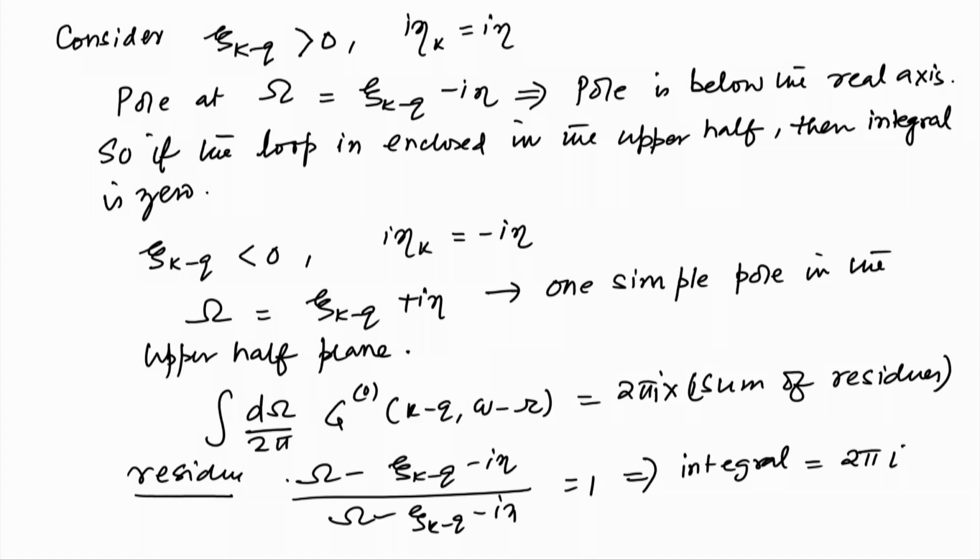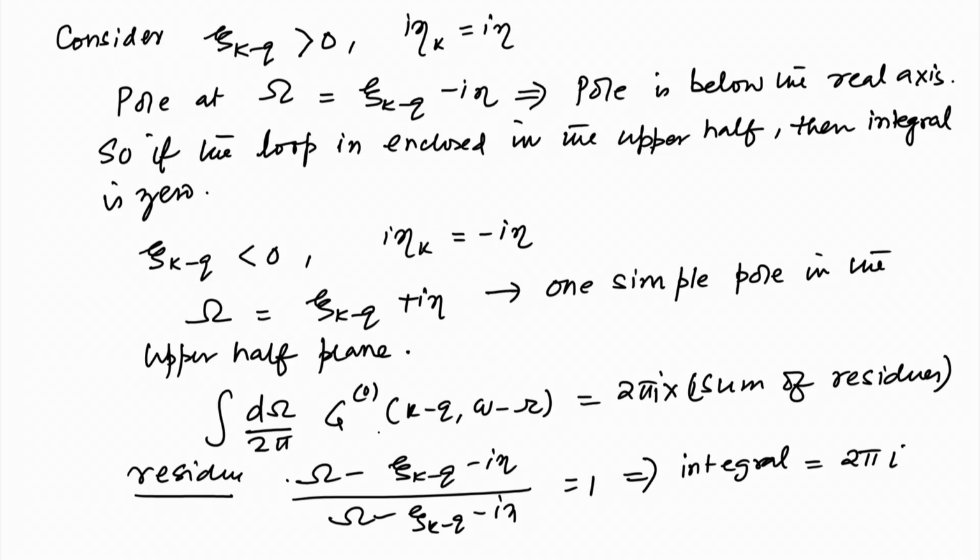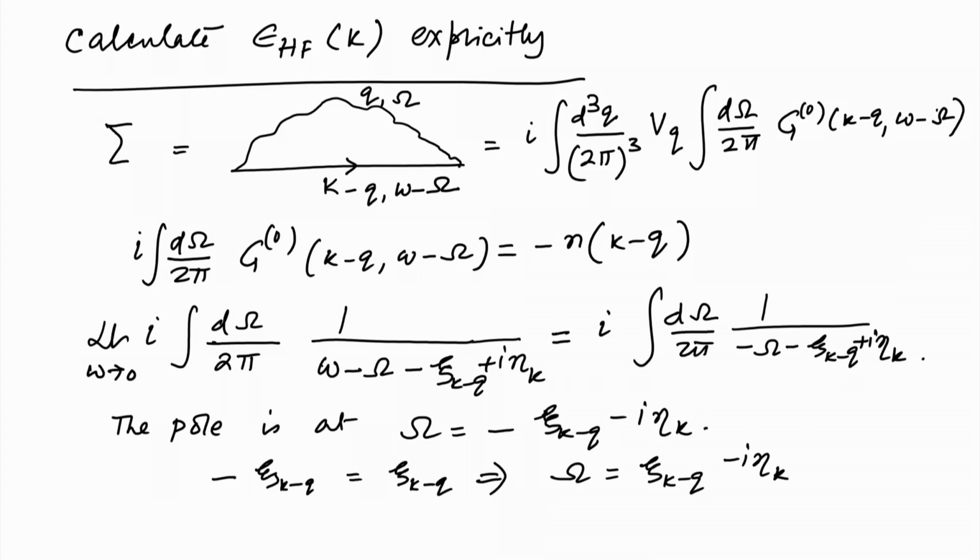So, the required expression is multiplied with i over 2 pi, which was there. So, i over 2 pi times 2 pi i is equal to minus 1, and one gets a minus 1 into n k minus q.